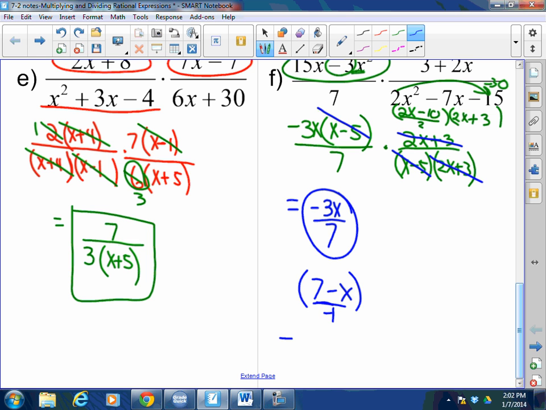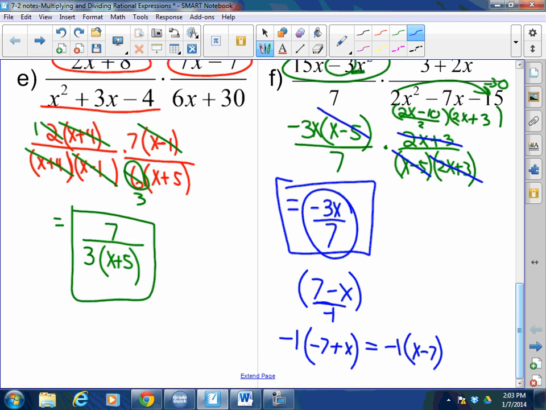So I'm factoring out a negative 1, leaving me with a negative 7 and a positive x. But I want to write it like that, so that's why I change it to be negative 1 times x minus 7. Final answer's right there: negative 3x over 7. Does that make sense, guys?